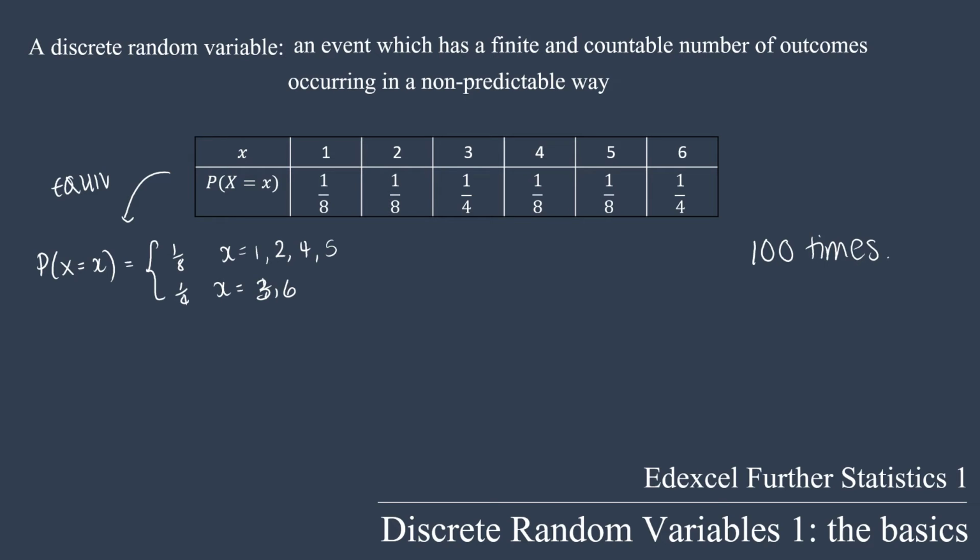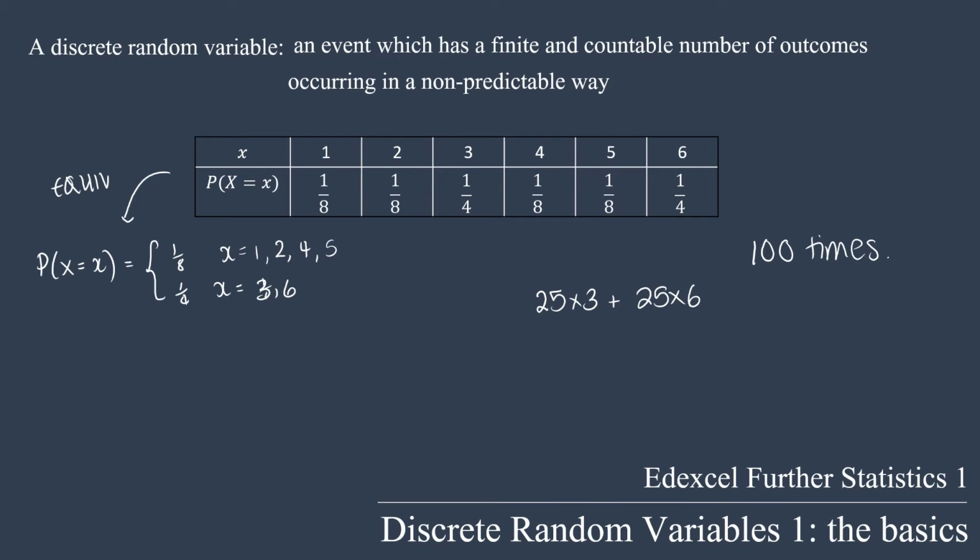Well, what we essentially are anticipating is that these faces are going to appear with the frequency of the probability effectively. So we would expect a 3 1/4 of the time, and the same with a 6 actually. So we would expect to have 25 3s and also 25 6s within those 100 rolls, because we're expecting a 3 to crop up 1/4 of the time, same with a 6.